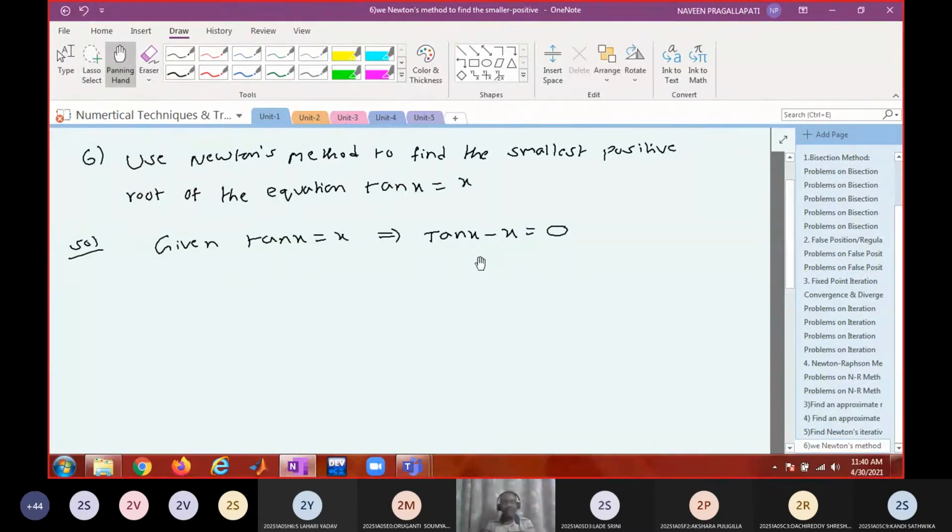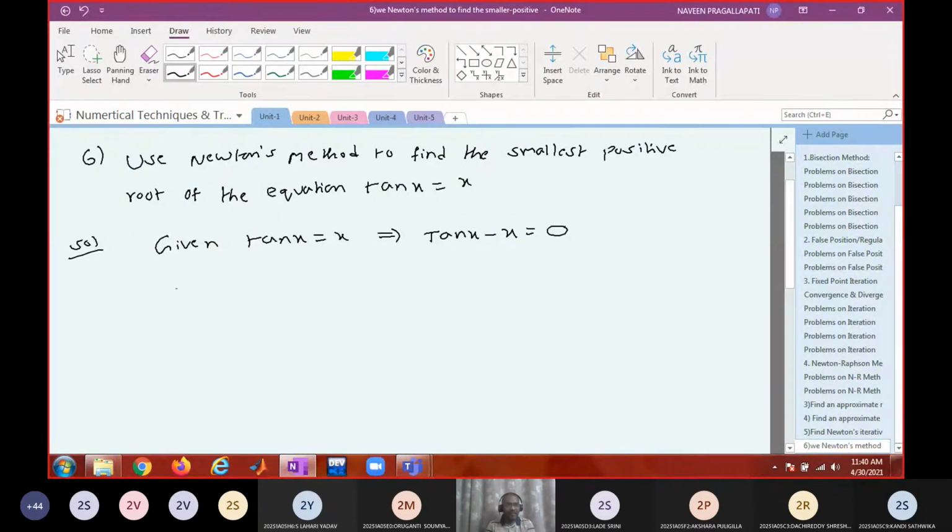Can you tell me? 0. Okay, but 0 is not a positive root, right? So you just find out the first positive root, that is going to be the smallest positive root. Am I right? So you just prepare a table and see where the sign is changing.